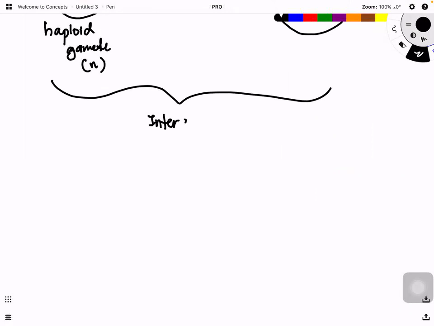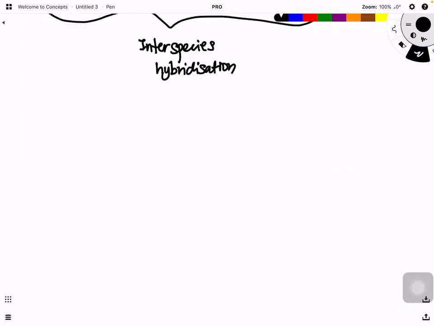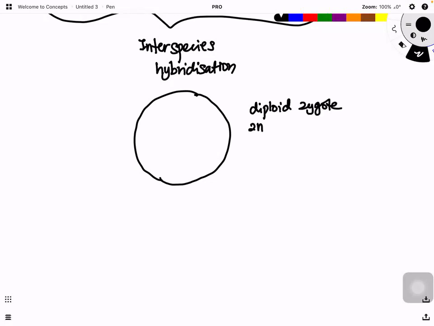Inter means between 2 species. Interspecies hybridization takes place. When hybridization takes place, you can see that it forms a 2n or diploid zygote. So these diploid zygotes have a blue chromosome and a red chromosome, but they cannot pair up with the orange chromosome, and also, orange is the smaller one.